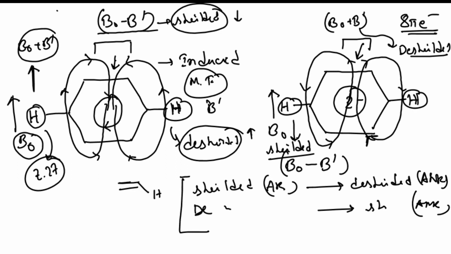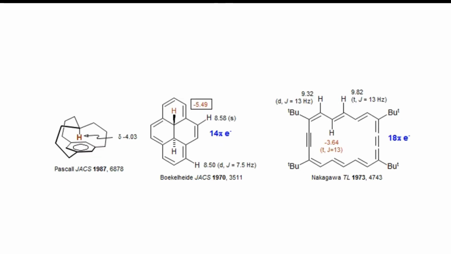So I am next showing you some examples where you can see that. This is an aromatic compound. You can see there is a benzene, but it is synthesized as a special type of molecule, just to put a hydrogen into the shielded zone in the benzene ring, so that they can get an experimental value for what they theoretically suggest.